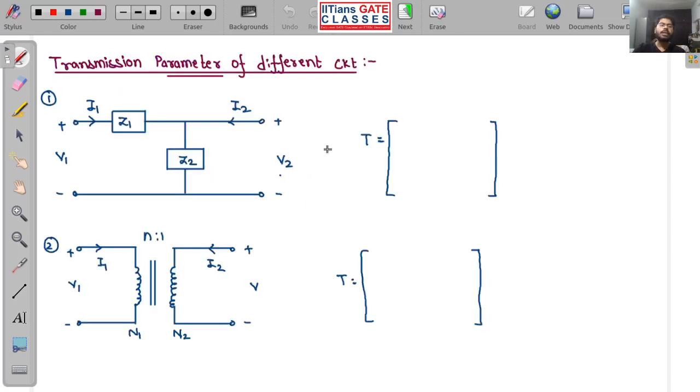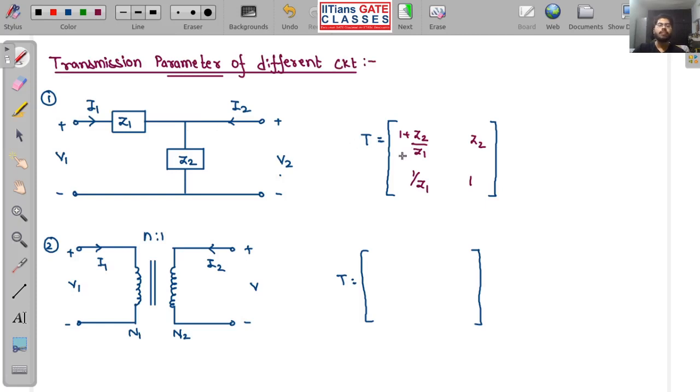Now the transmission parameters for a different circuit, if you just calculate, will be 1 plus Z2 by Z1, Z2, 1 by Z1, and here it will be 1. So remember this circuit; it is very simple and very helpful for calculating transmission parameters for different networks.